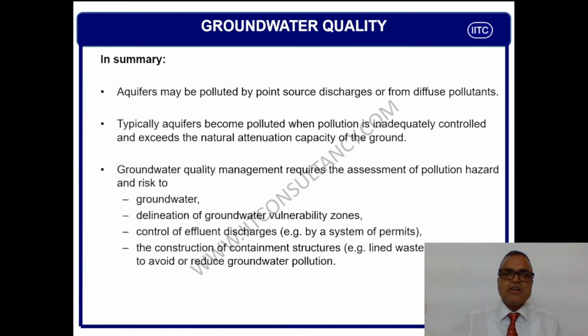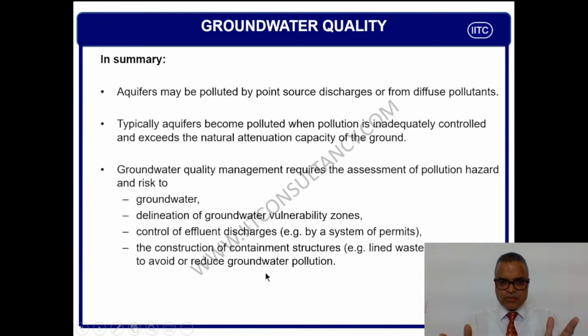Now, groundwater quality management requires the assessment of pollution hazards and risks. We need to ensure that pollution hazards and risks to groundwater are identified, with delineation of groundwater vulnerability zones, control of effluent discharge, for example by a safe system of permits, and construction of containment structures like lined waste ponds in order to avoid groundwater pollution.